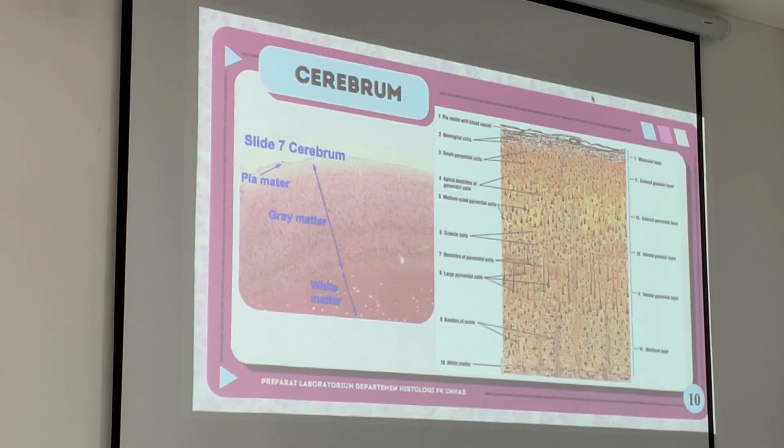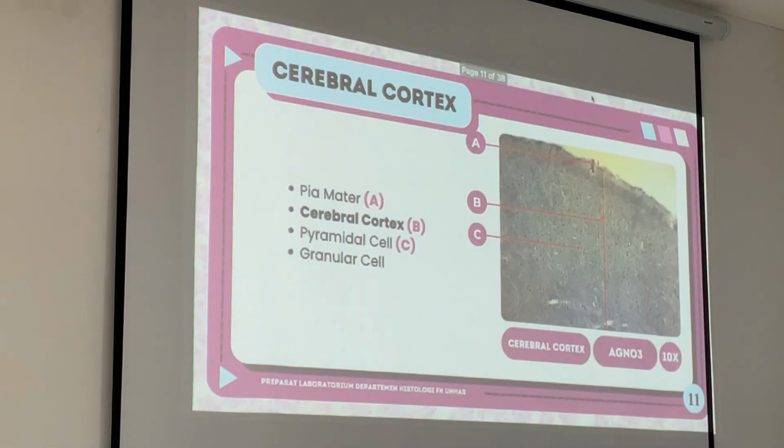Then the internal granular layer has the same structure as the external granular layer, and then the internal pyramidal layer. This layer mostly contains giant pyramidal cells, the bigger pyramidal cells or multipolar neurons. And then there's the multiform layer, which contains more shapes of neurons, and at the bottom it connects to the white matter, or the medulla of the cerebrum.